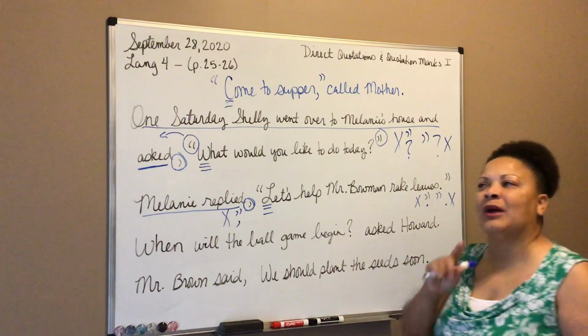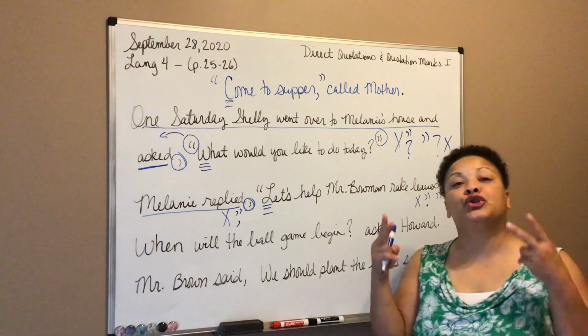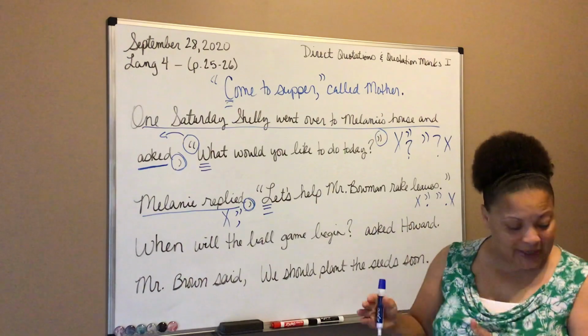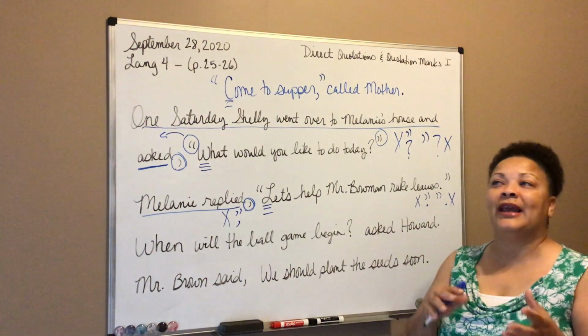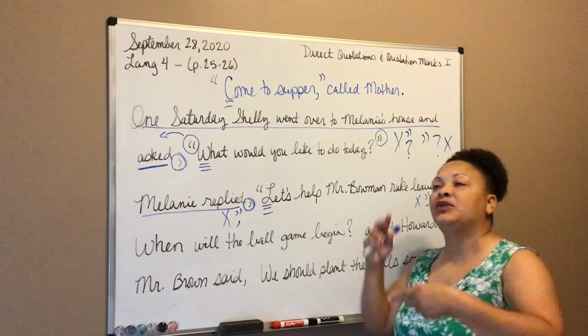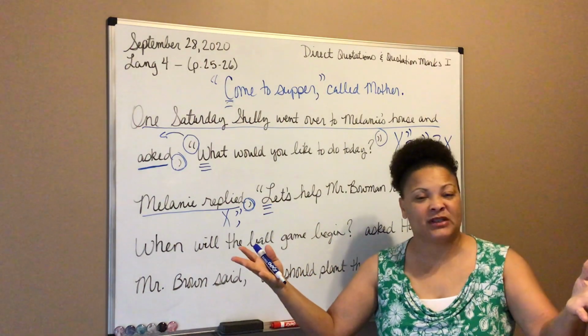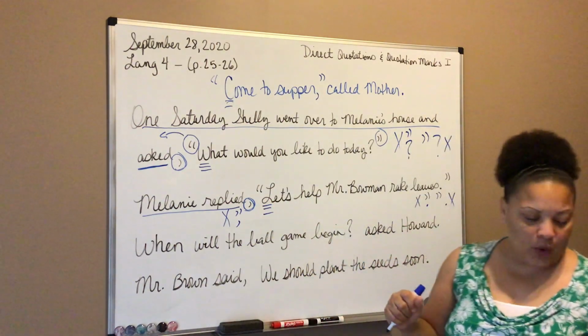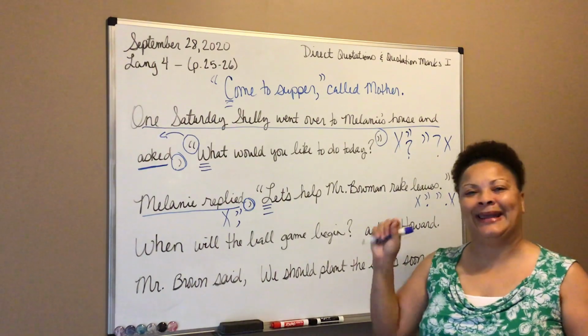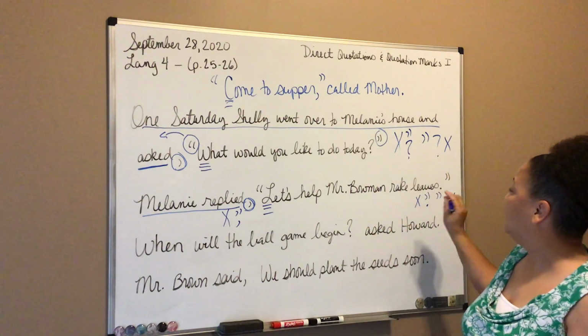Period, close quotation. Now, notice in that one, there are two sentences that the sailor said, okay? They said two sentences in one breath, so to speak. So be careful that you don't end it just because you see a period.